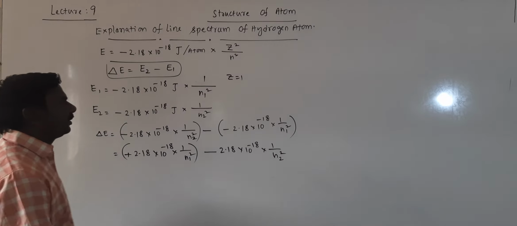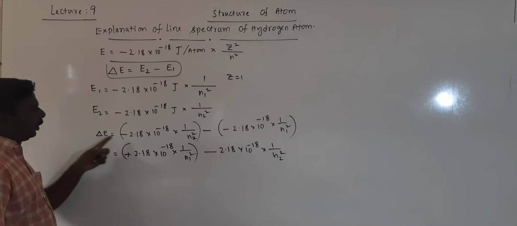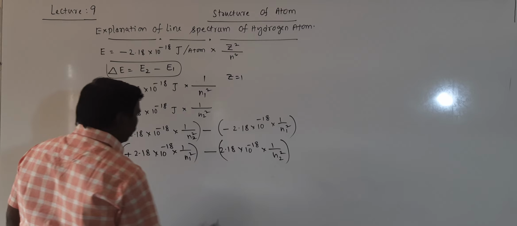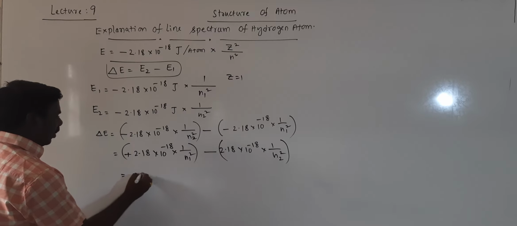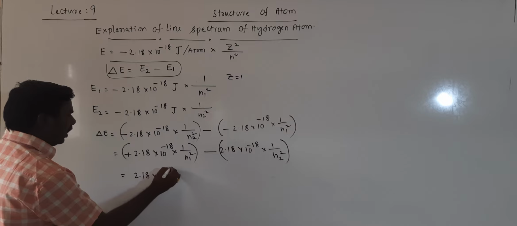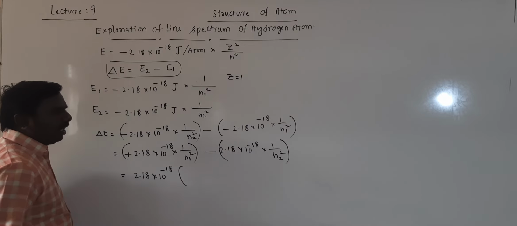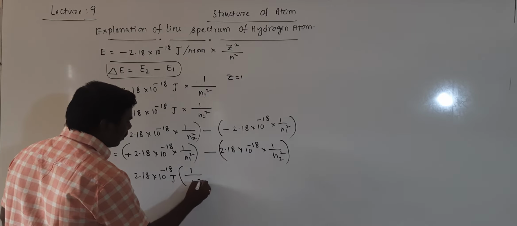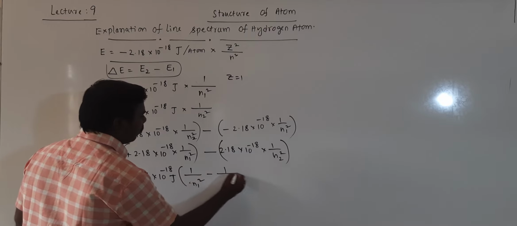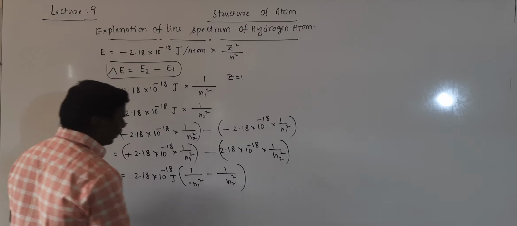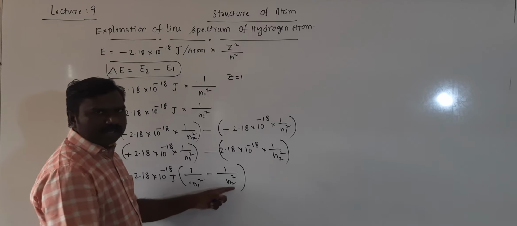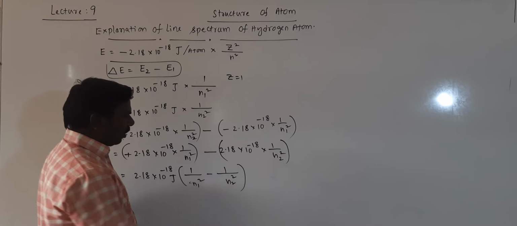Then the common term is 2.18 into 10 to the power of minus 18 joules per atom, and the remaining terms are 1 by N1 square minus 1 by N2 square.